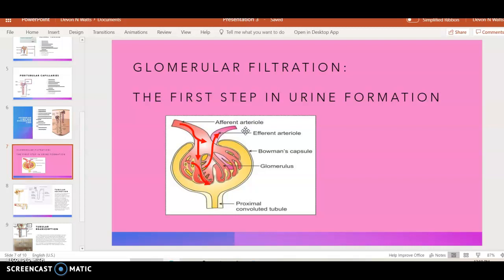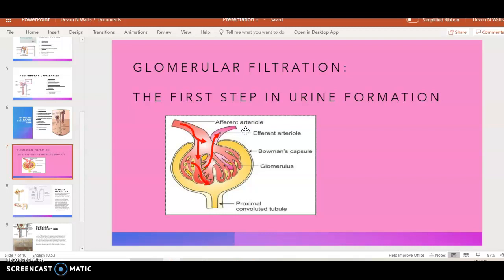And so the podocytes function as a filter, and it filters small solutes. And so during this process, it's non-selective with regard to the small molecules.